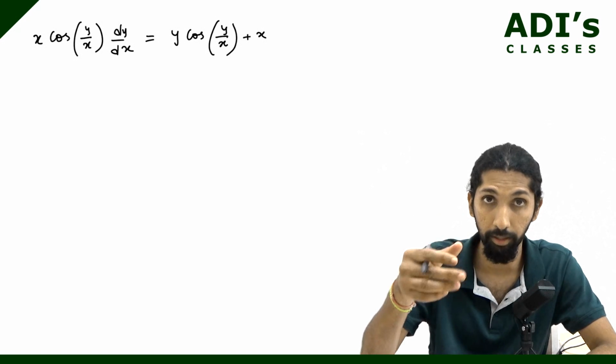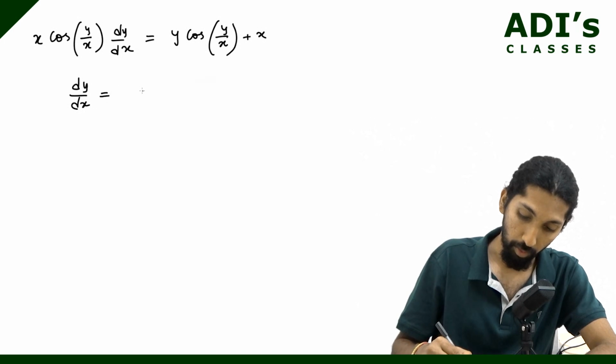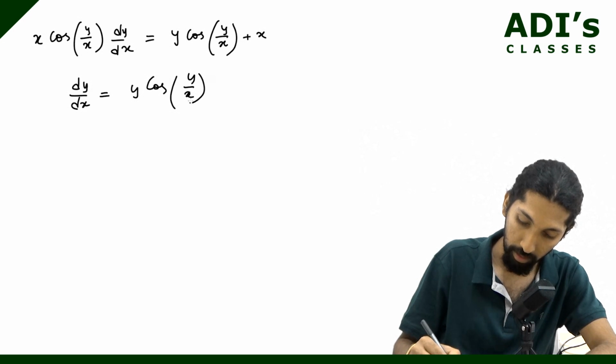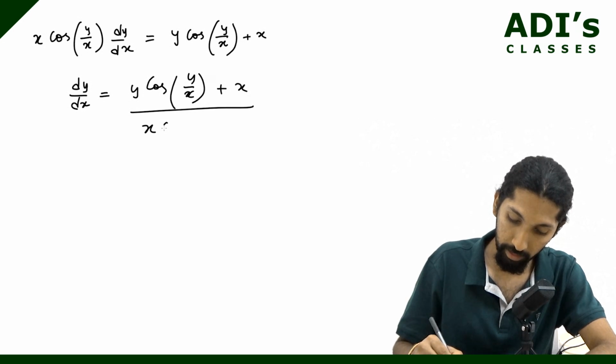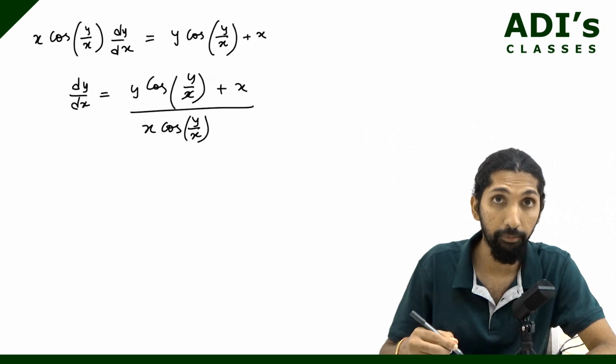This is what we are trying to do. Now the function becomes dy by dx equals y into cos of y by x plus x divided by x into cos of y divided by x. This is what we have.